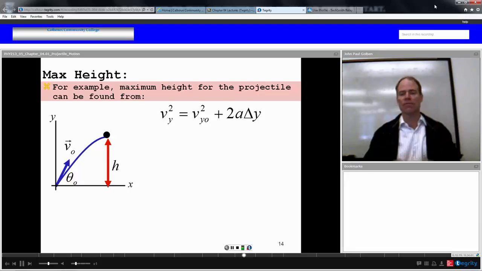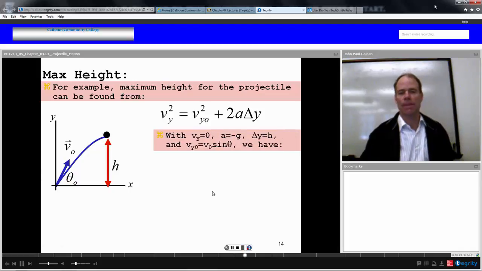So our final velocity, Vy, will be 0 at maximum height. Also, our acceleration is a negative 9.8, so that's going to be a negative g. Delta y is going to be equal to h, our height. And our initial velocity in the y direction is going to be v naught sine theta naught, or sine theta, if you will. So we can substitute all those in.